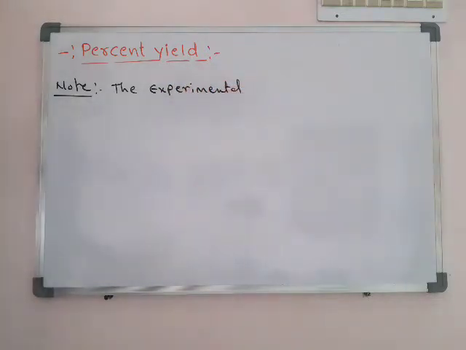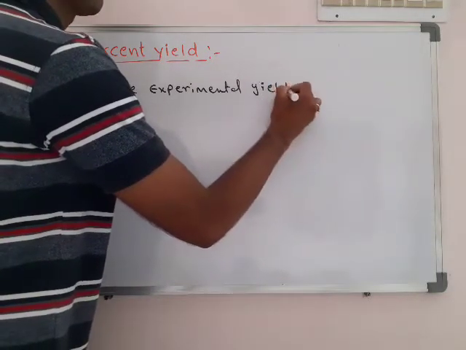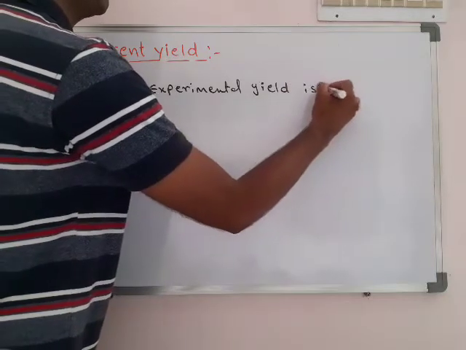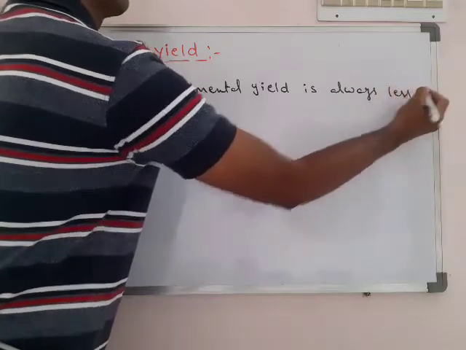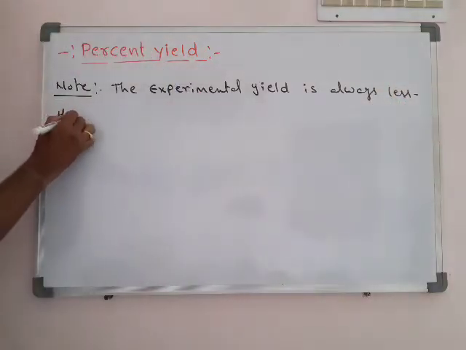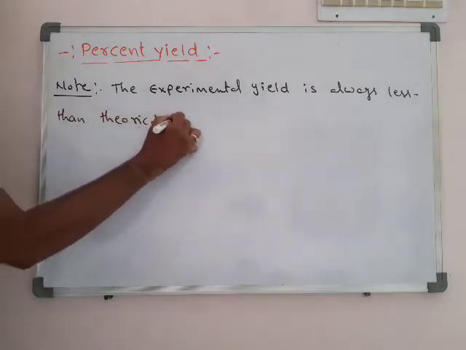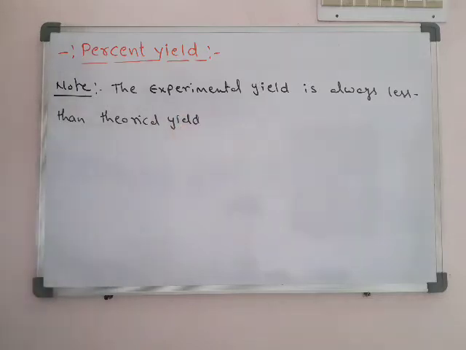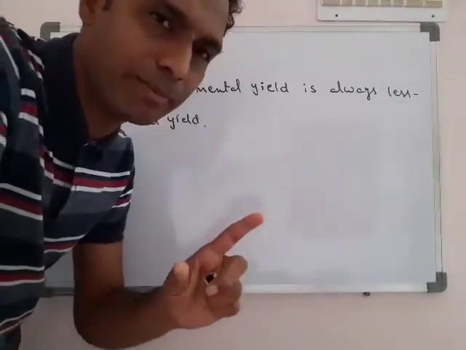The experimental yield, the formed amount, is always less than the theoretical yield. Theoretical means calculated. So due to this reason, we have to take the percent yield. This is the purpose.